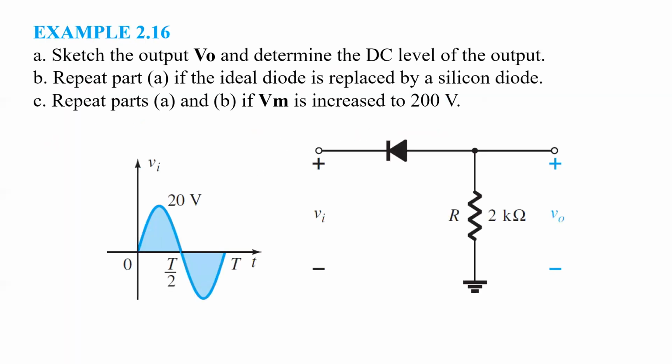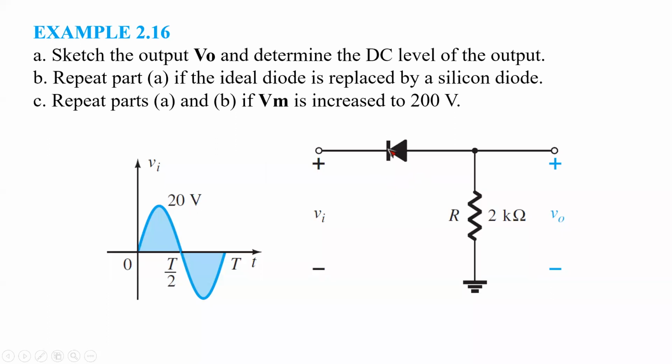In this example, we have done the math for two different voltages, right? One voltage is 20 volt and part C was 200 volt. For 20 volt, your PIV must be more than 20.